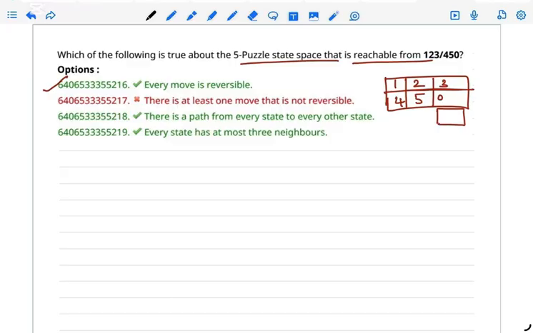If we move 3 down or 5 right, we can go back, right? We can reach the previous state. If we go back to left, if we go back up, we reach the previous state. The move is reversible, right? Means reach previous state.